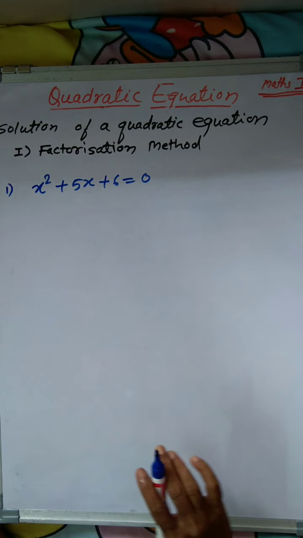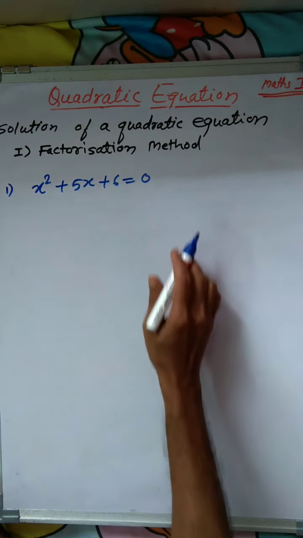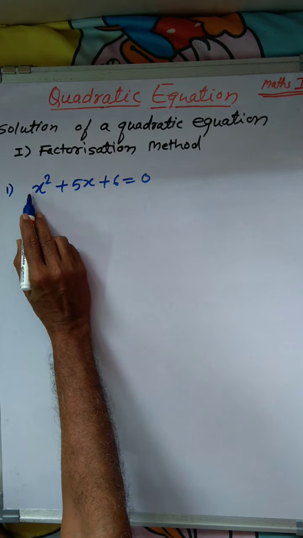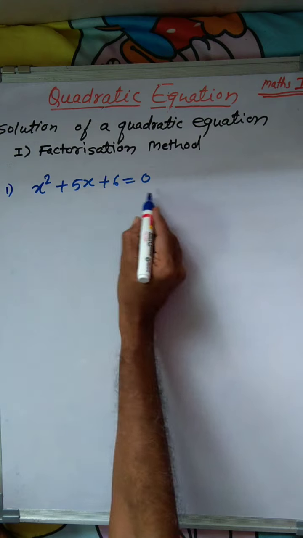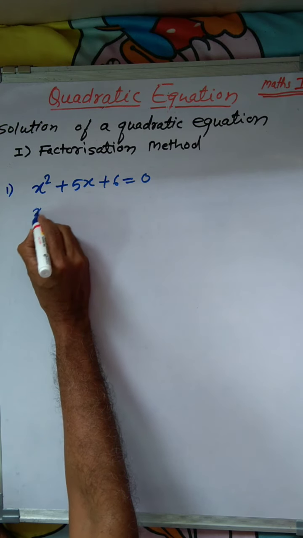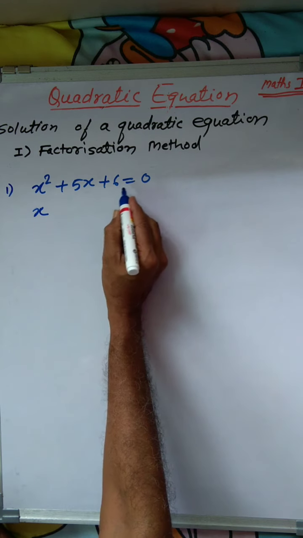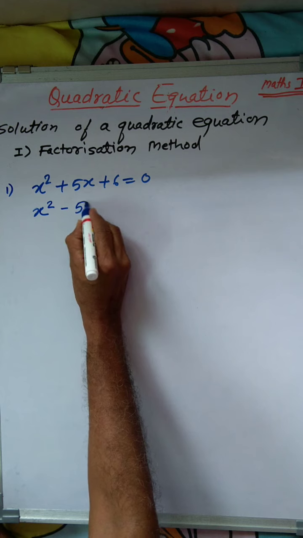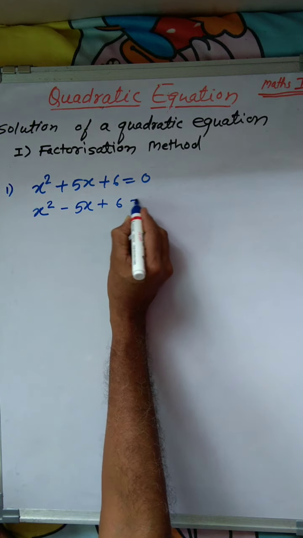We saw four types of examples in this form, where the coefficient of x square is 1. I write all the examples. First is x square plus 5x plus 6 is equal to 0. Second, x square minus 5x plus 6 is equal to 0.